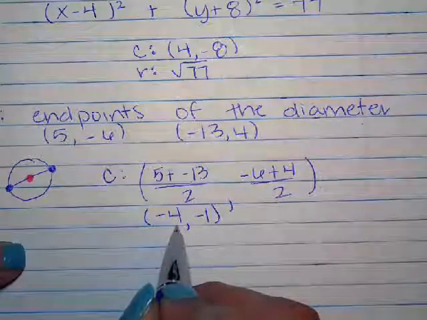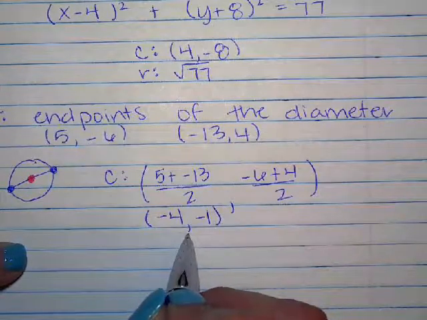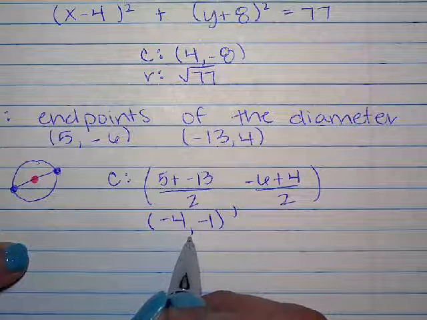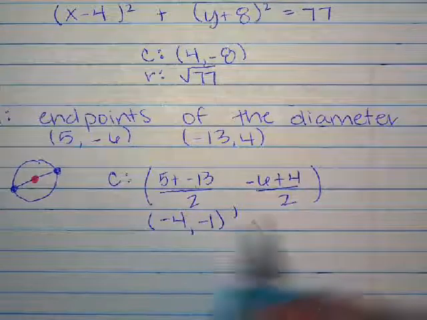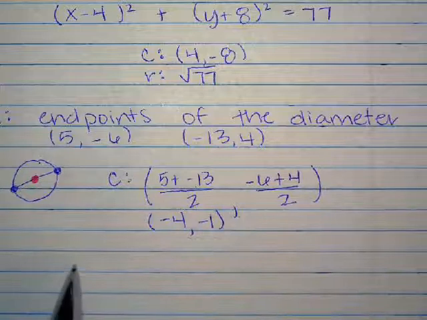This is a comma. So how do I start writing my equation?